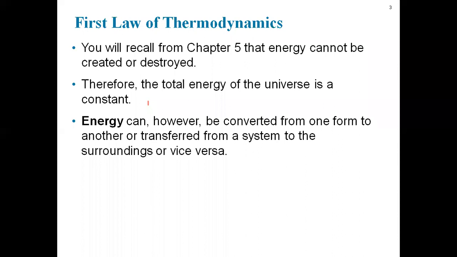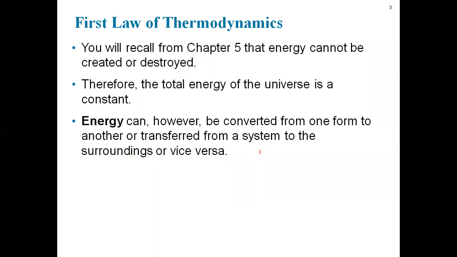Energy can, however, be converted from one form to another, such as kinetic or potential. You can convert it from potential to kinetic, or vice versa, or transfer it from a system to the surroundings, or vice versa.